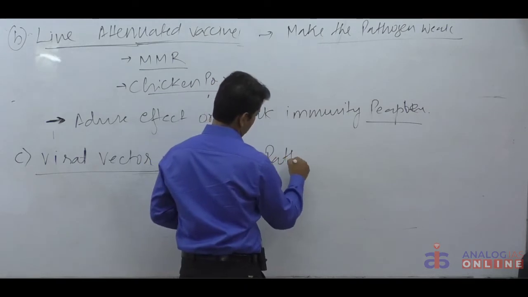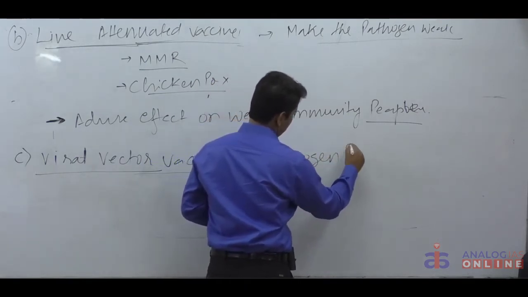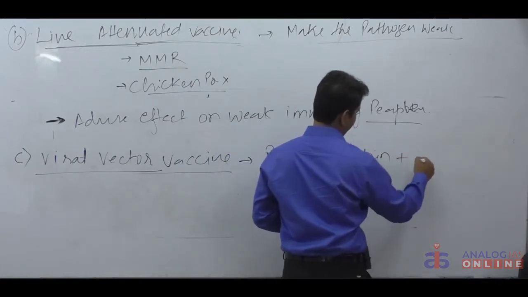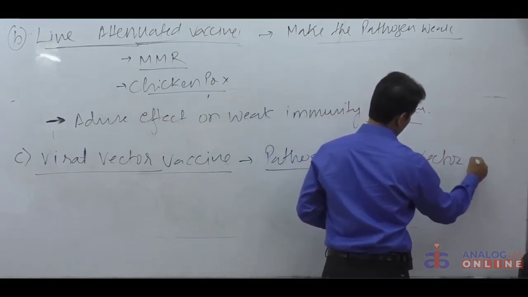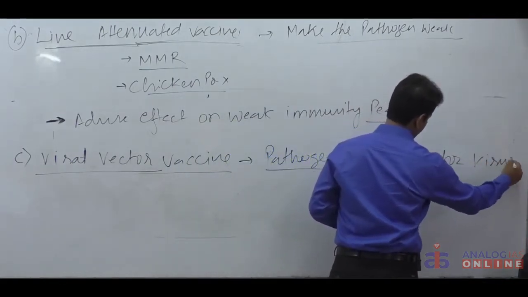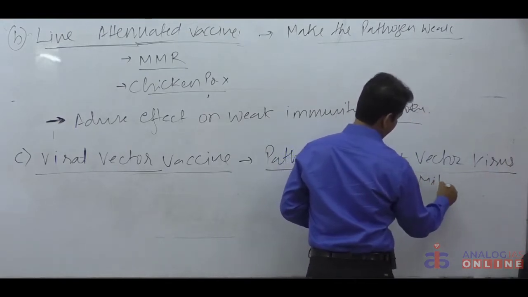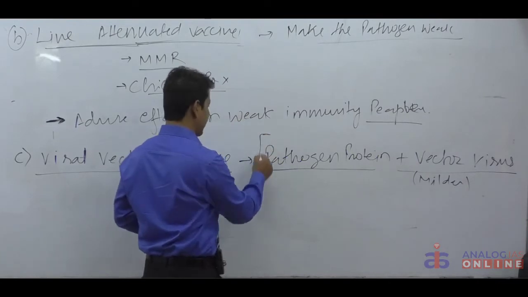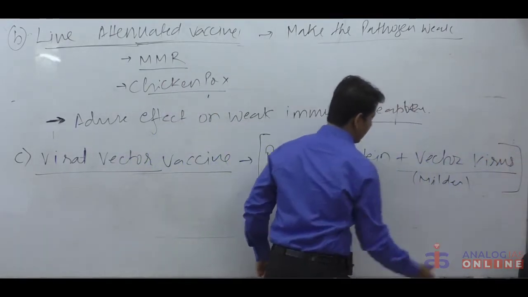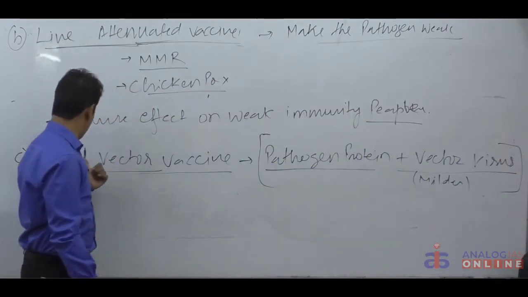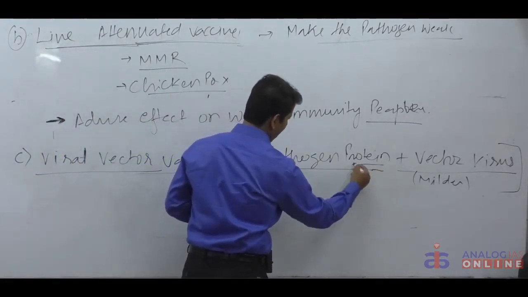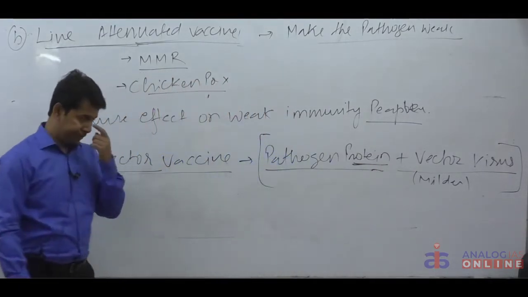The pathogen protein is added to the vector virus, which is milder. And then the product that we get is basically a viral vector vaccine. Here you have to understand this is protein.